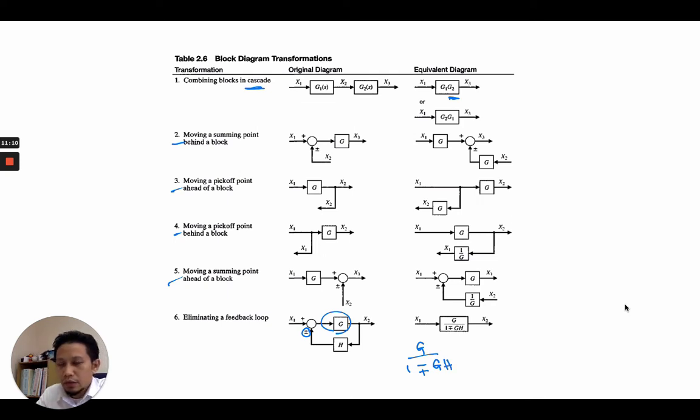Okay, so I want to emphasize the sign here. Remember yesterday we had different signs at the summing junction.